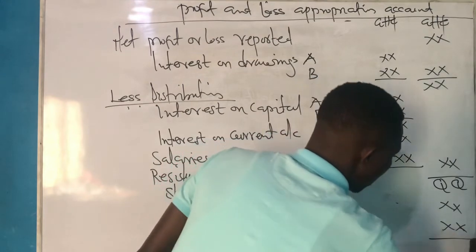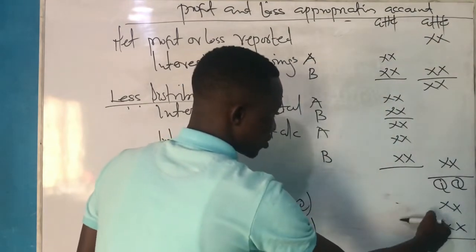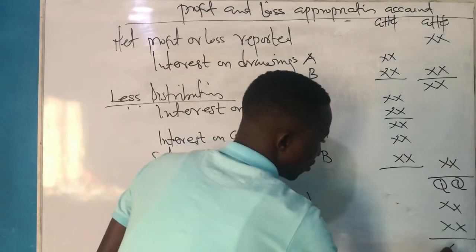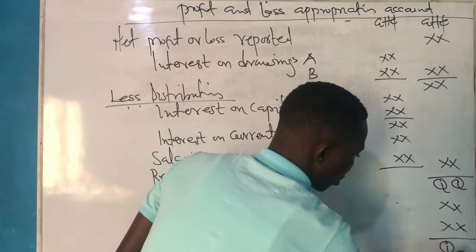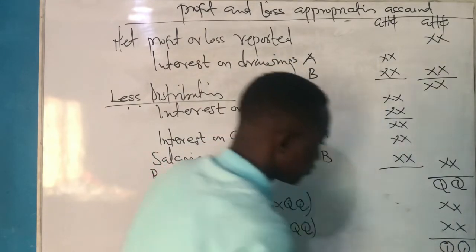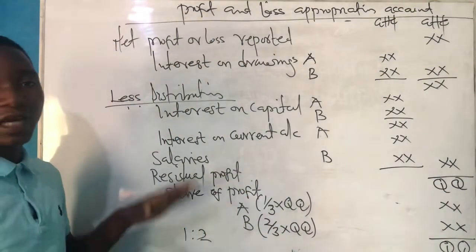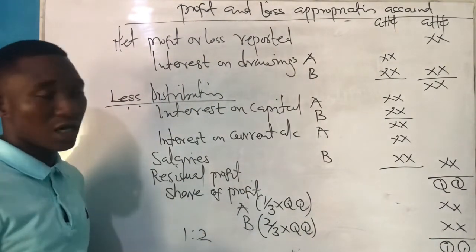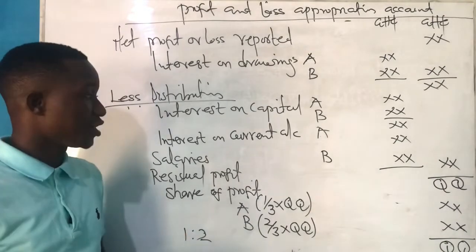So this share of profit, when we add it together, is supposed to give us the residual profit of QQ. So basically this is how we prepare the profit and loss appropriation account.